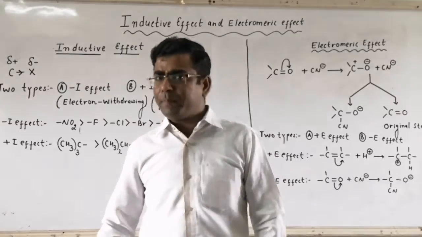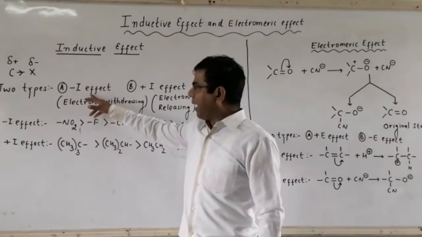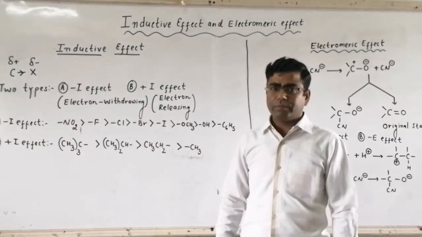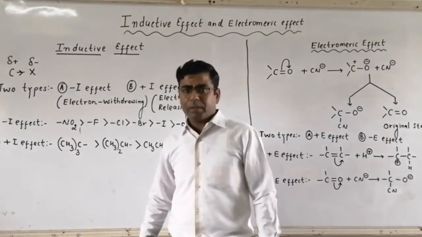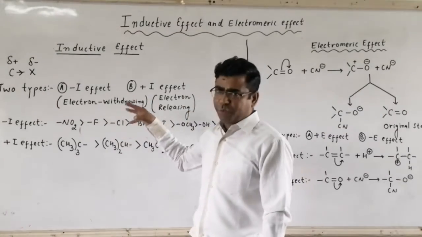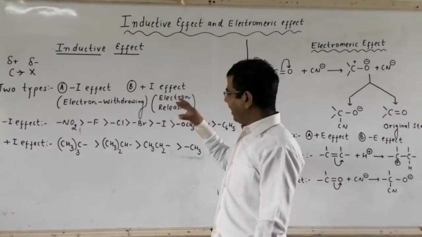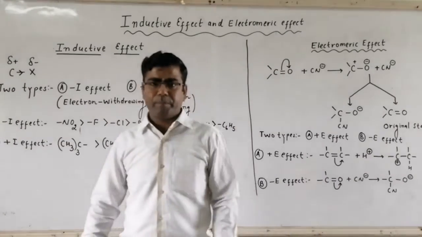It is of two types. First one is called minus I effect and second one is called plus I effect. Minus I is called electron withdrawing effect. Plus I is called electron releasing effect.